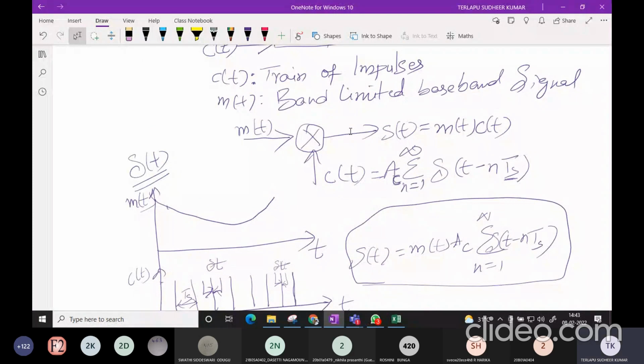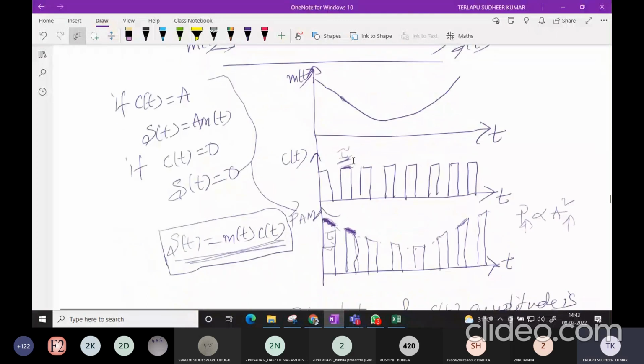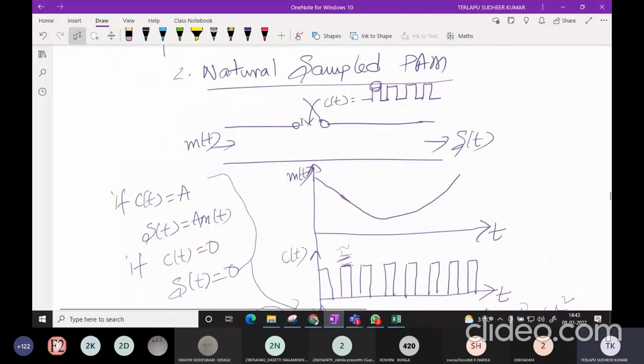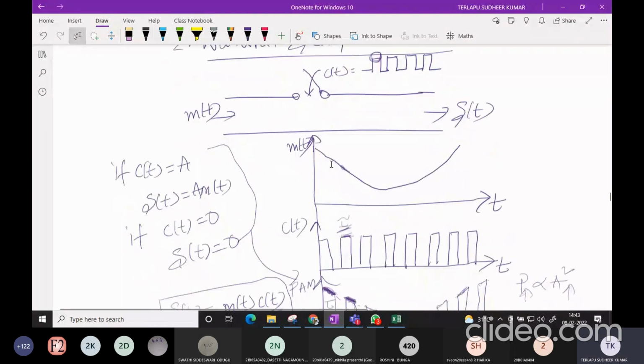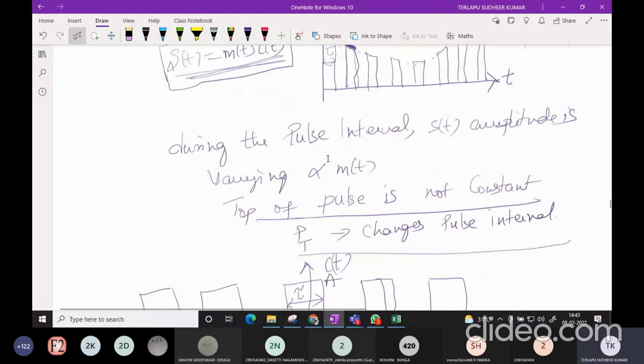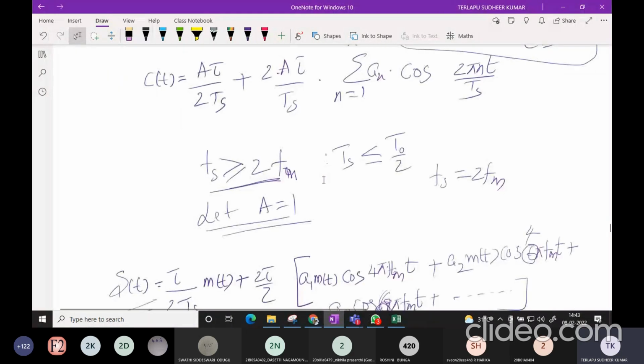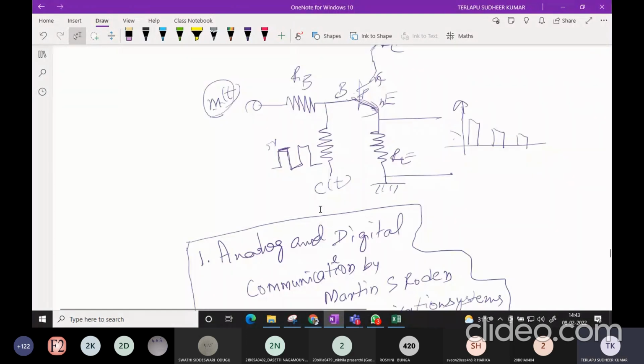Now in natural sampling, what we did is, instead of taking an impulse train, we have taken a pulse train. So this is the circuit for generation of the natural sampled signal. We have taken a pulse train, and this switch can be operated, or you can use a transistor circuit where the base is given C of t. So the base emitter junction will be forward biased when C of t is high.